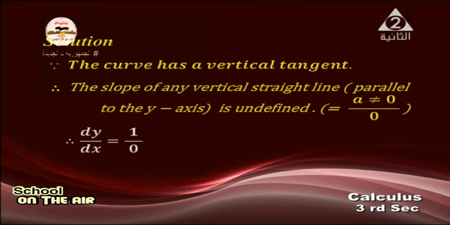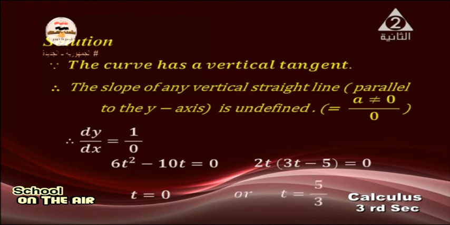Then 6t^2 minus 10t, which is the denominator, equals 0. By taking 2t as a common factor, then 2t multiplied by the bracket 3t minus 5 equals 0, and hence t equals 0, or t equals 5/3.